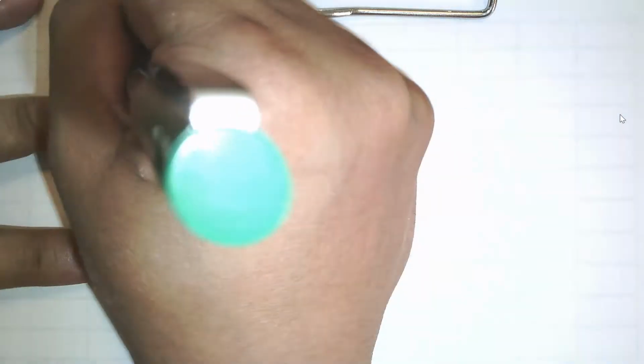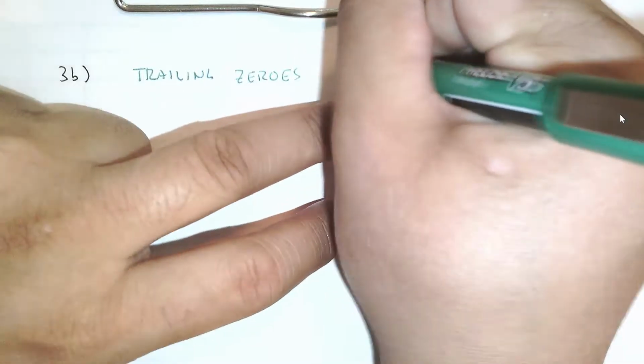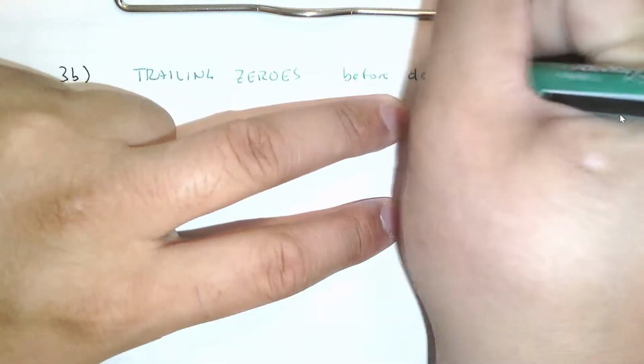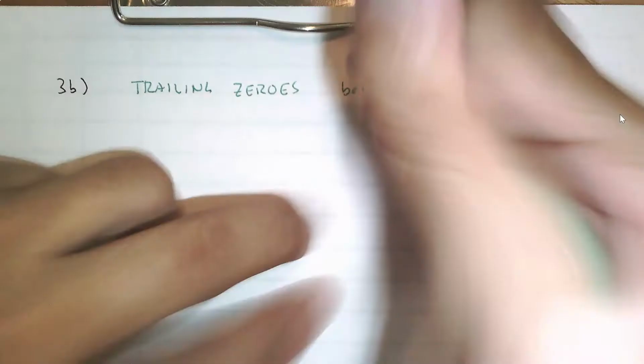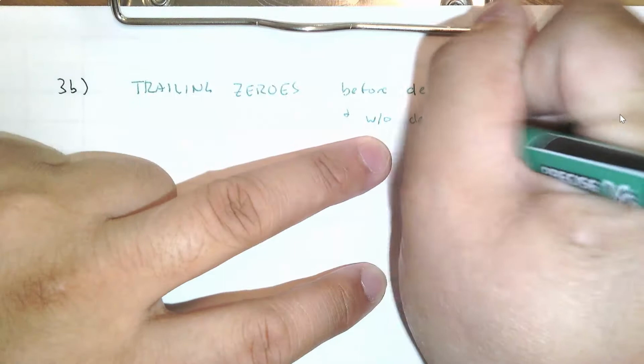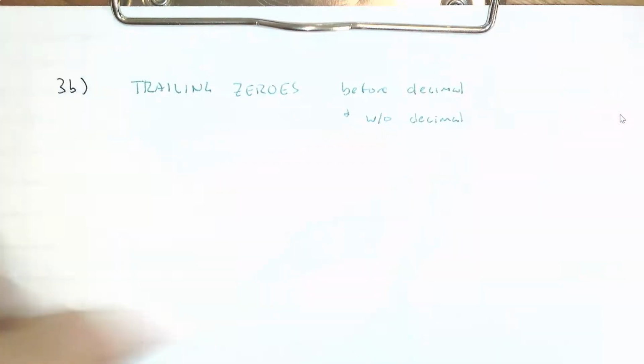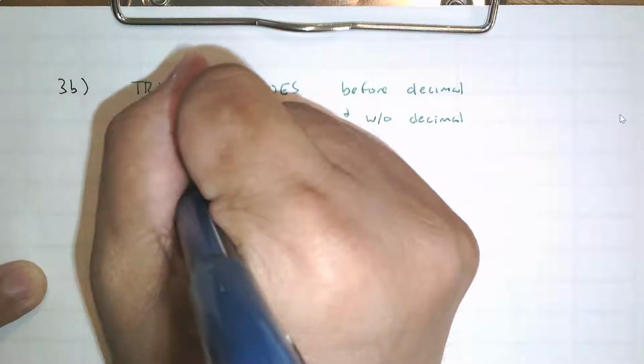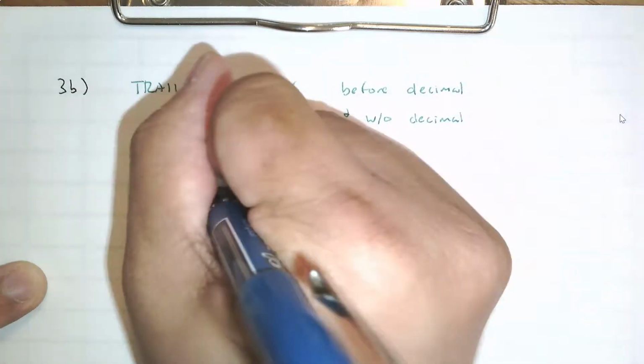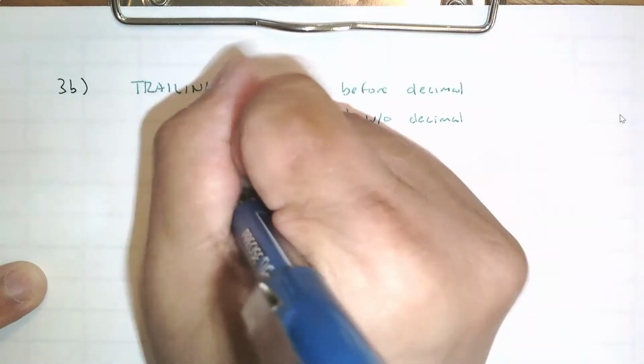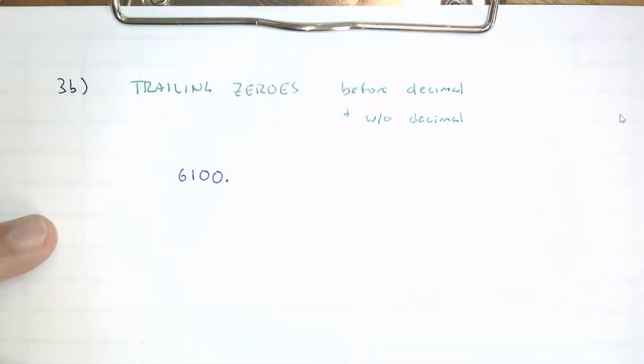How about trailing zeros before decimal? Actually, we should say before decimal and without decimal, because those rules are going to be a little bit different. 6,100 with a decimal point.